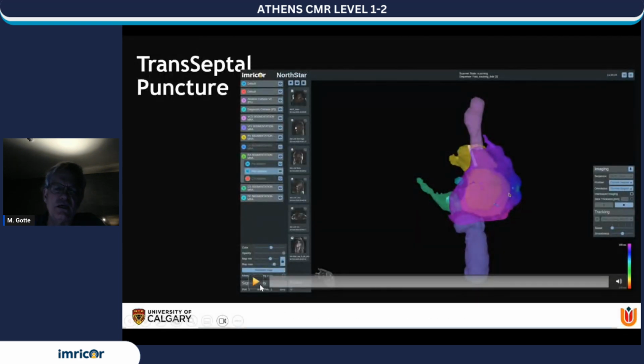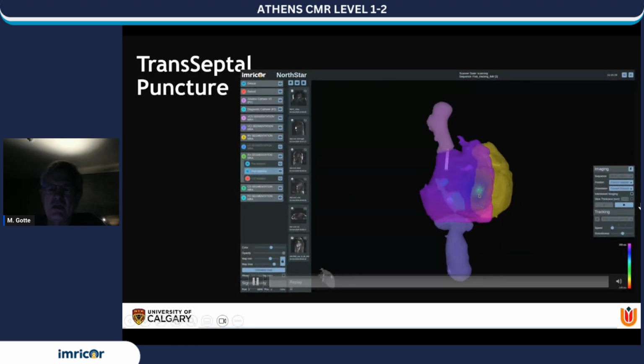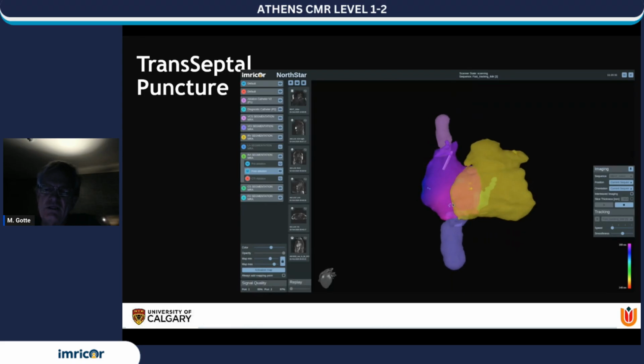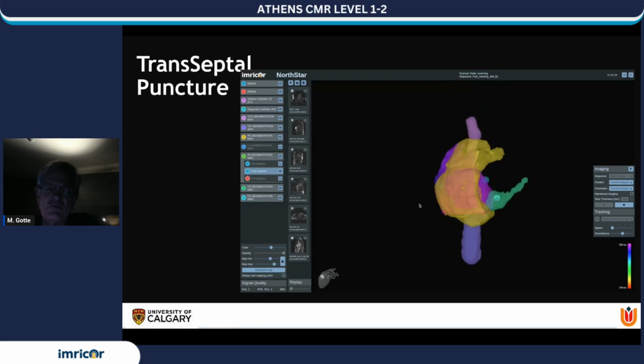This is a clinical case we did last Thursday, so 2 days ago. We did a flutter case, and once that was completed, so we completed the electrical anatomical map, we practiced basically as a team, so the imaging team and the interventionalist, the positioning of the sheath by using the ablation catheter and bringing it into position.